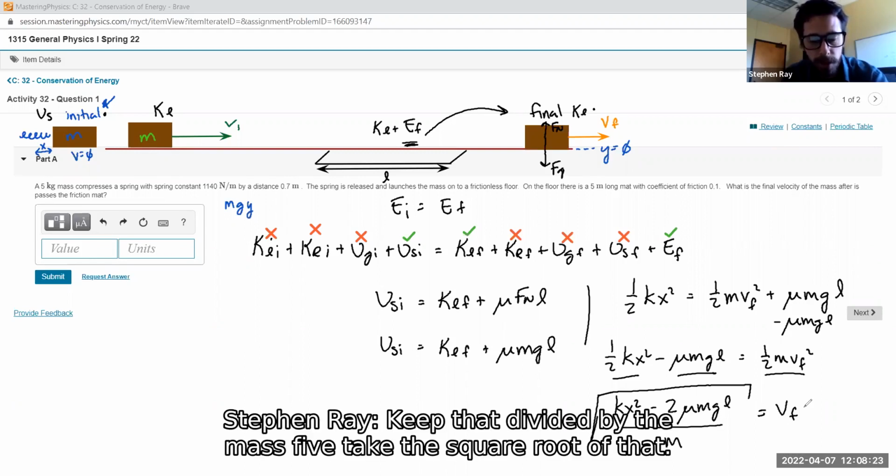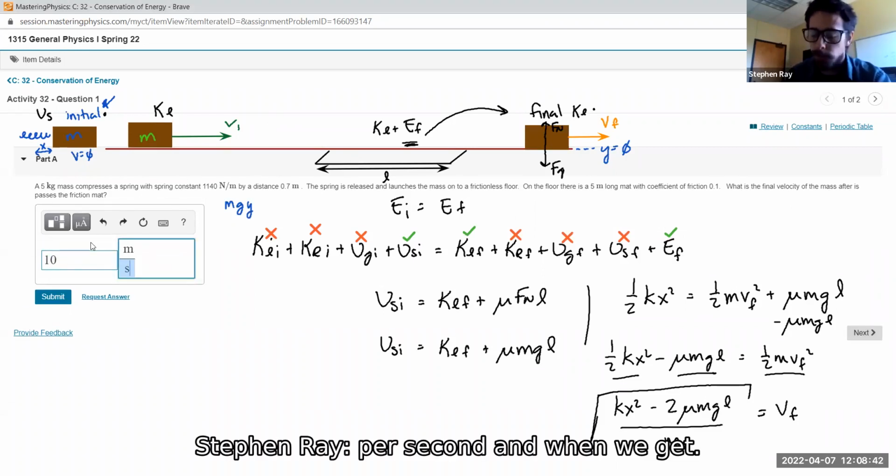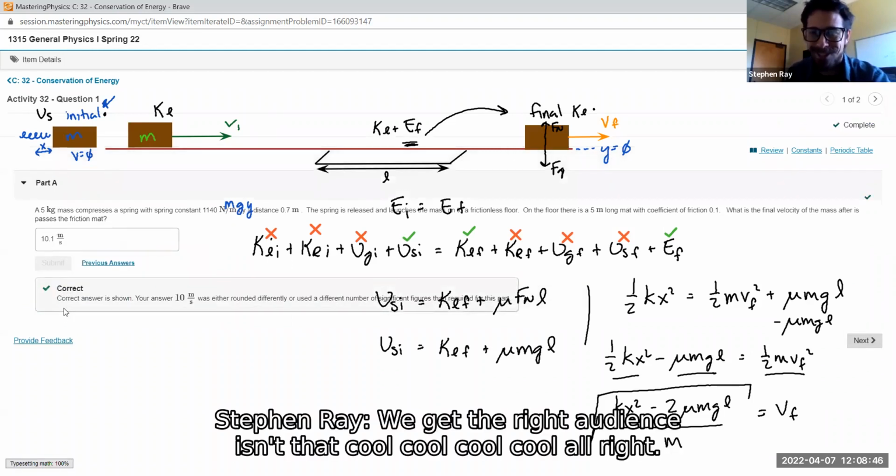Divide that by the mass, which is 5. I'm going to take the square root of that, about 10 meters per second. And what do we get? We get the right answer. Isn't that cool?